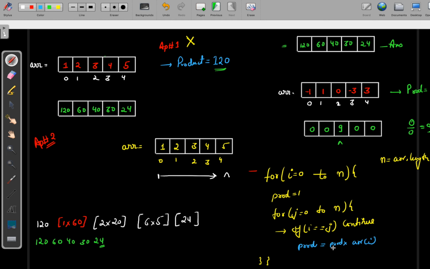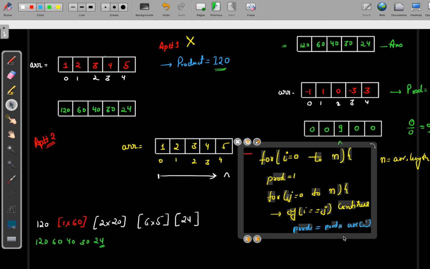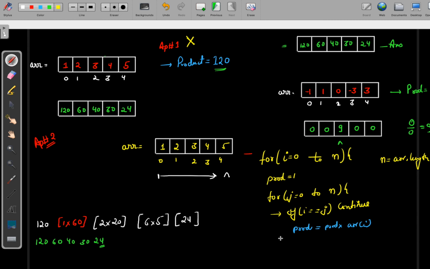Once you have completed the product, I will simply store it after this. Suppose I take one resultant array and store whatever it is.